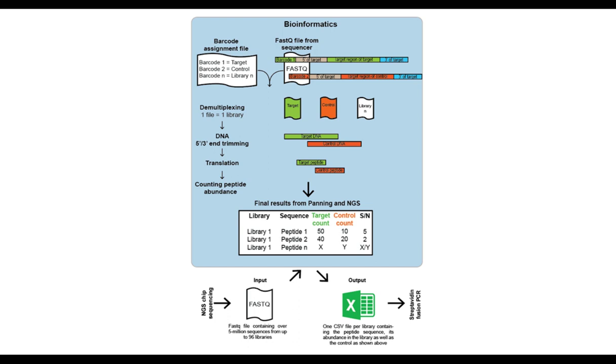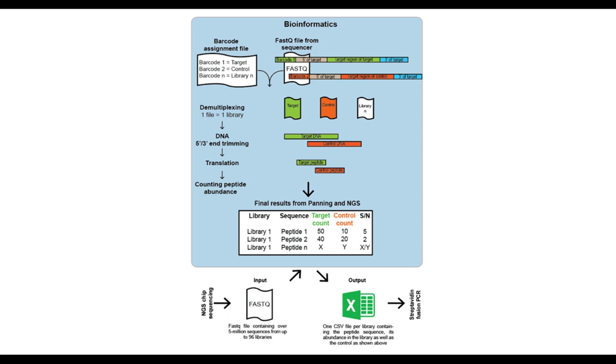So you take the FASTQ file, which now contains all the sequences from your plate, and since we know the sequence of the barcode, we can demultiplex the individual sequences into files. Then we trim off the 5' and the 3' region, so we end up with the inserts, which are the peptides, and then we translate them.